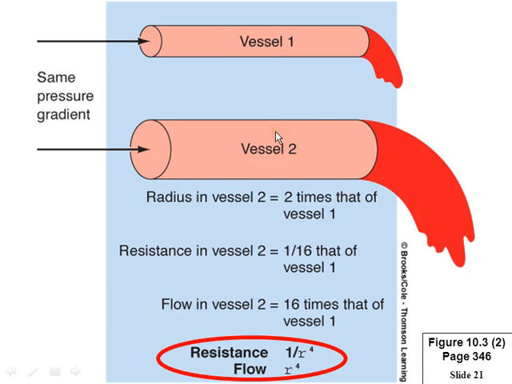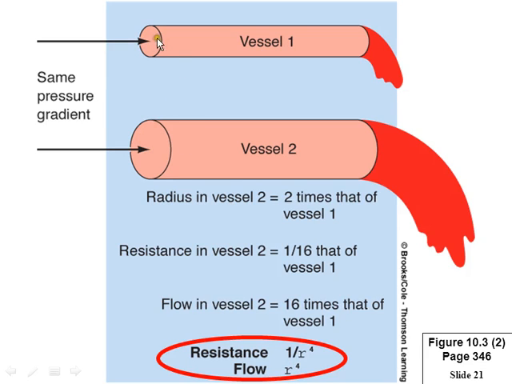All right. This is where it gets nasty. Remember how I said if you double the pressure, you double the flow. If you double the radius, not resistance, if you double the radius or the size of the blood vessel, radius, remember, is from the center to the outside edge. If you double the radius, you have to take it to the fourth power. Ugh. This is how this works.